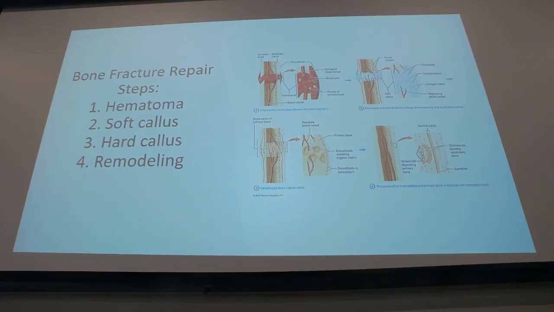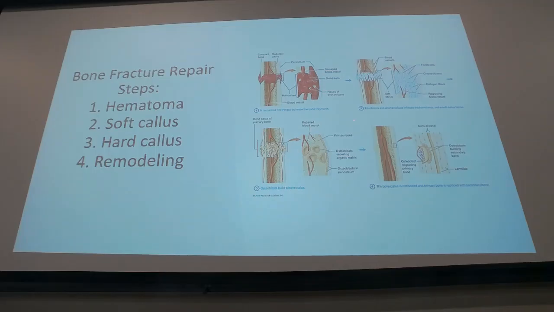So you start then forming, out of these osteochondral progenitor cells, the chondroblasts, sorry, the chondroblasts will form cartilage, this soft callus. And then you have the fibroblasts that are going to start depositing collagen fibers. So you have organic matrix, and later on, this organic matrix is going to be calcified in the third step, which is hard callus.